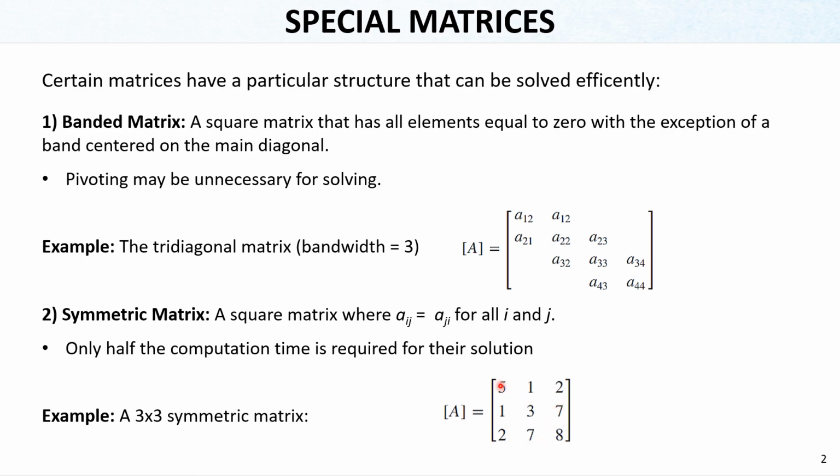So around the diagonal, if we fold on the line of the diagonal, the terms corresponding to each other will be equal. In that scenario, this is a symmetric matrix. So this is a 3 by 3 symmetric matrix, for instance.